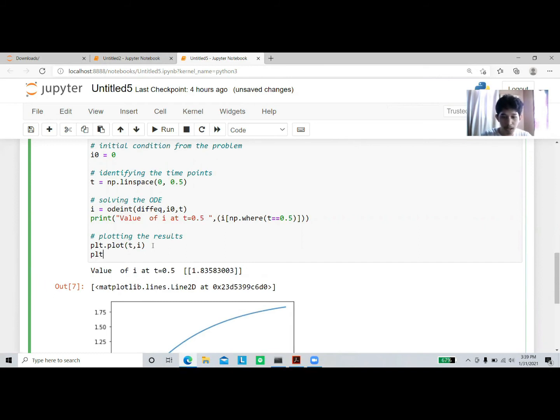The next thing that we are going to do is label the x and the y axis of the graph.